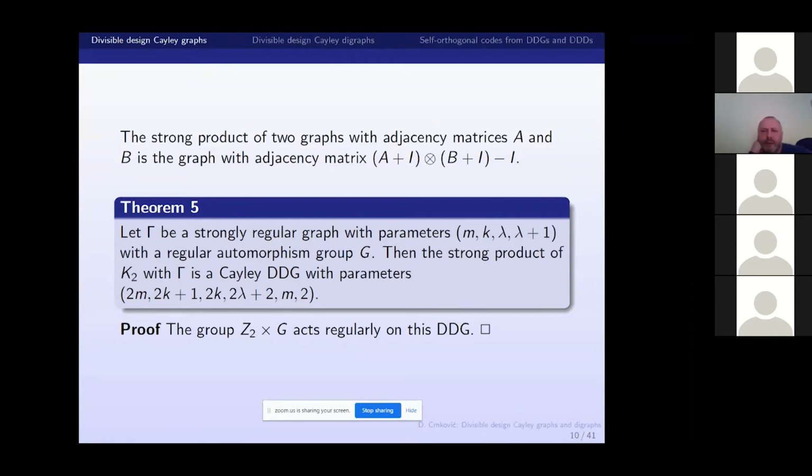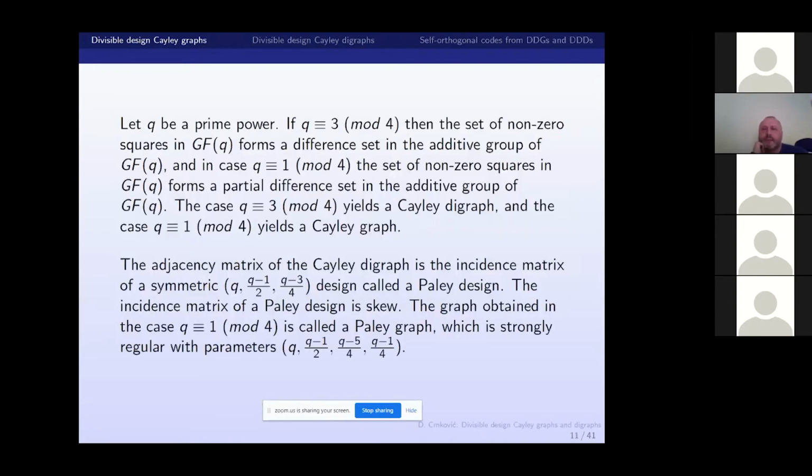And for this construction, we need strongly regular graphs with these parameters, so strongly regular graphs where mu equals lambda plus 1. There is one well-known family of strongly regular graphs with this property, and these are Paley graphs. So this is the Paley construction of Paley graphs and Paley designs.